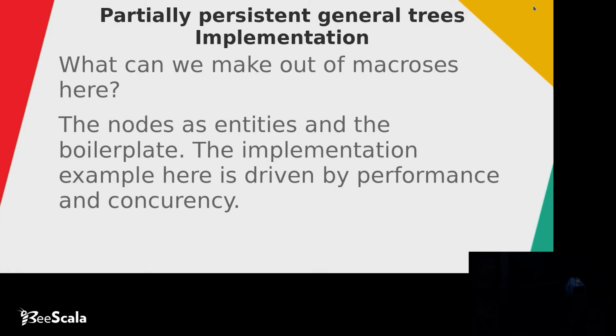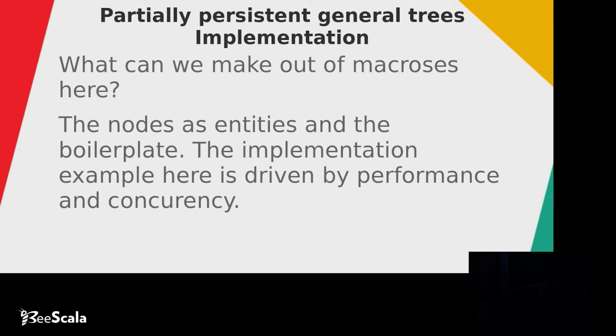What else? And what can we make of the macros here? So we assume that the nodes of our partially persistent general versionable tree are the entities. And for those entities, we can have, in fact, a lot of boilerplate code because we have a concept that the whole data is immutable, but it always comes with a price of performance, or memory or performance.